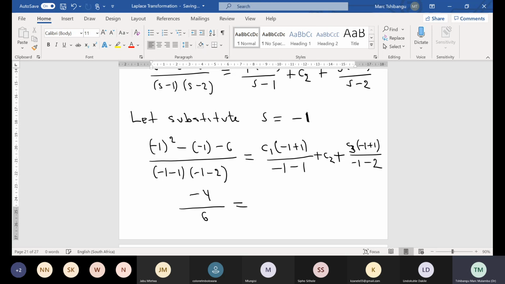Any number 0 divided by any number is 0, so we remain with C2. Then we conclude that C2 is equal to -2 over 3.